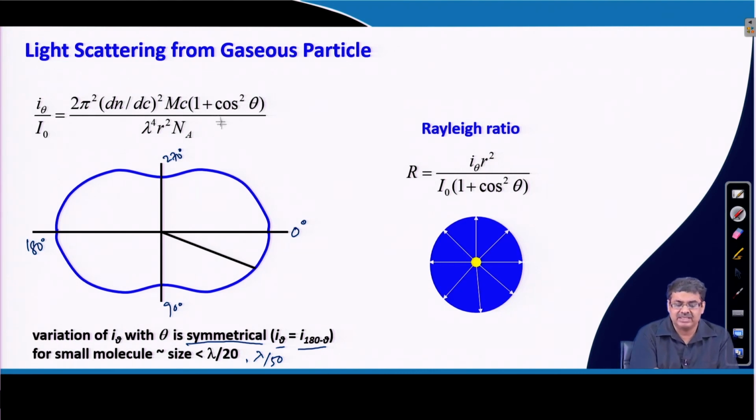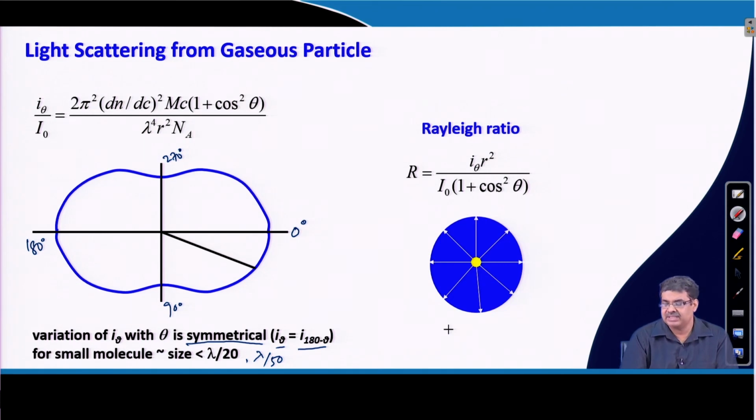Now, if we rearrange this expression and write R, which is the term Rayleigh ratio, then the variation of R with theta will be spherical, which means the value of R will not depend on theta, because the variation is taken care of in this term.